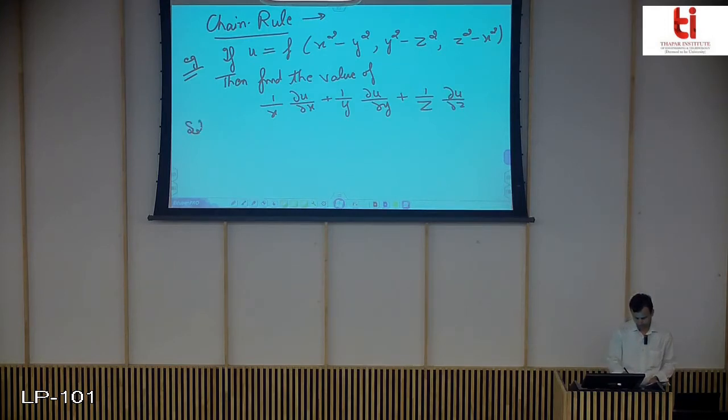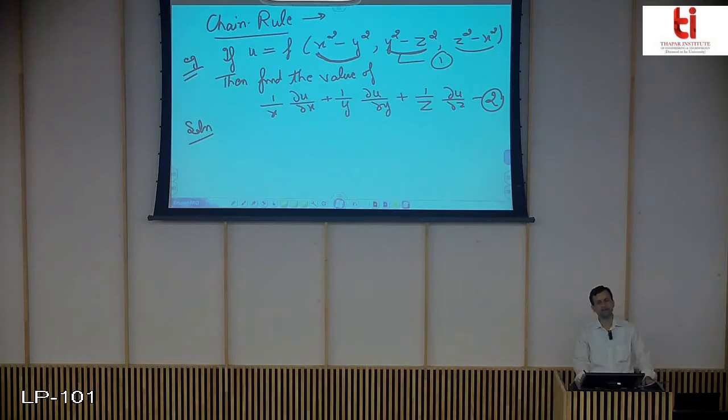So this is a question that has been asked, and you have to solve this by chain rule. Let me write this as equation number 1, this is 2. From equation 1, f here is not a variable, it is some function of x² − y², y² − z², and z² − x². So the whole term is given.